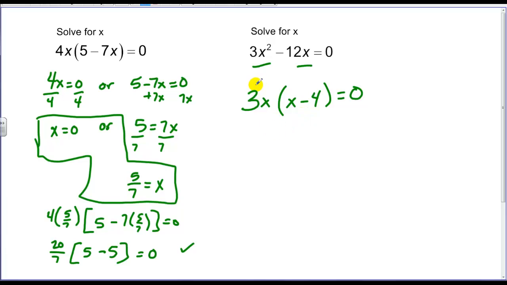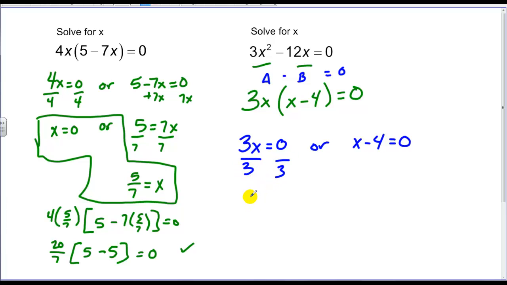Now you'll notice I have a product of two terms, call them A and B, multiplying to equal 0. So now this is a zero product principle, and I can say, well, 3x could equal 0, or x minus 4 could equal 0. Therefore, dividing by 3 on both sides, I get x equals 0. And in the second set of numbers, I can just add 4 to both sides, and x would equal 4.